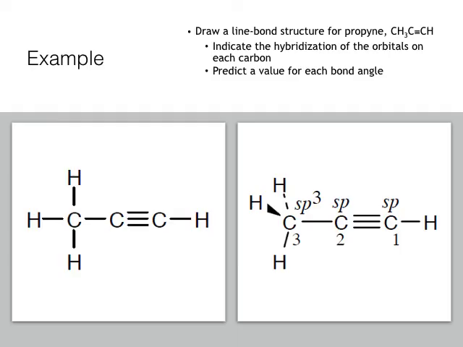In our next example, let's draw a bond line structure of propyne and indicate the hybridization of the orbitals on each carbon. We should also predict the value of each bond angle. So the one that you see at the lower left portion is the bond line structure, and we see here that there are single bonds and also the very distinct triple bond.